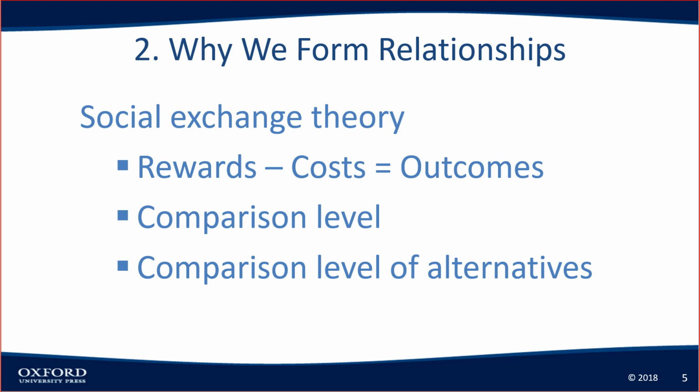The comparison level of alternatives is the standard that compares the rewards that one receives in a current relationship with what would be expected in other situations. So I think it's important for us to understand social exchange theory and its purpose, rewards and costs.